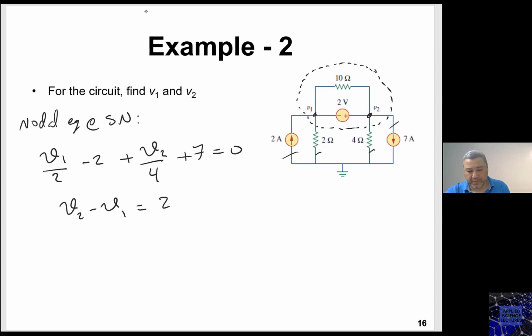So a supernode has its own equation. Try practicing several questions that have supernodes to see if you understood the supernode well or not. And then we can discuss it later if you want. All right. Make sense?